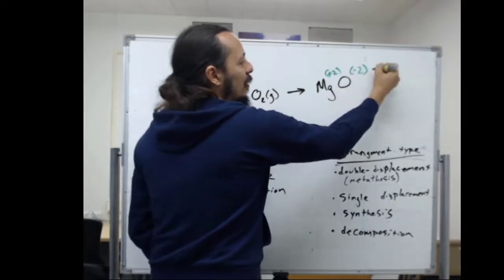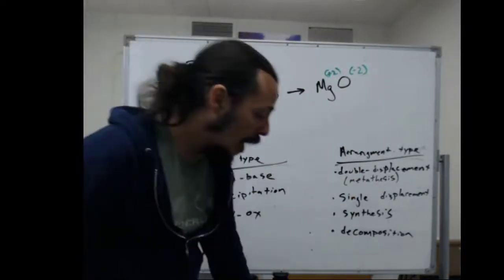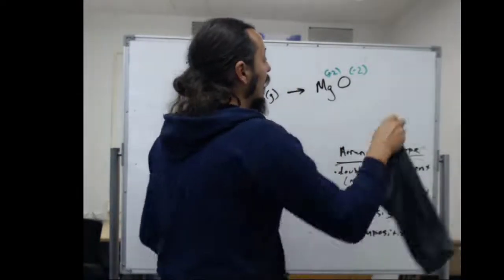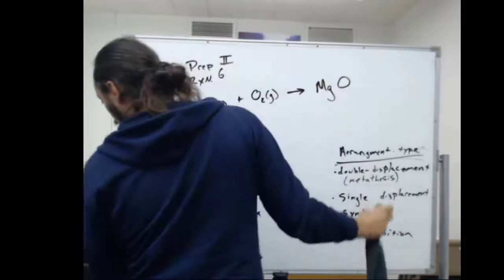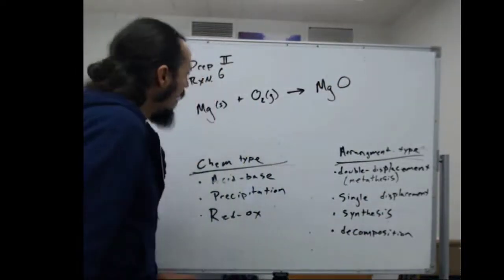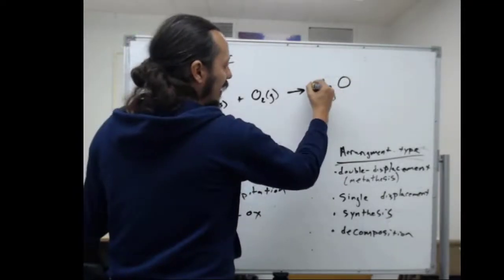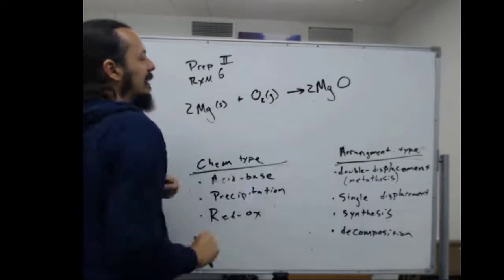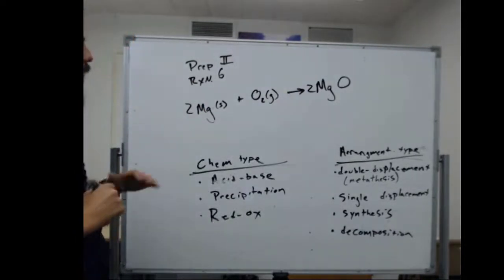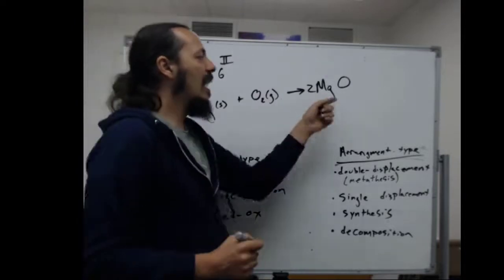Plus 2 minus 2, that's going to give us a neutral compound. So actually, just MgO is already the charge-balanced material. And then I can go ahead and balance the chemical reaction. I'm going to need a 2 here to get my 2 oxygens, and then a 2 here to get my 2 magnesiums. So I've got it mass balanced, I've got it charge balanced.